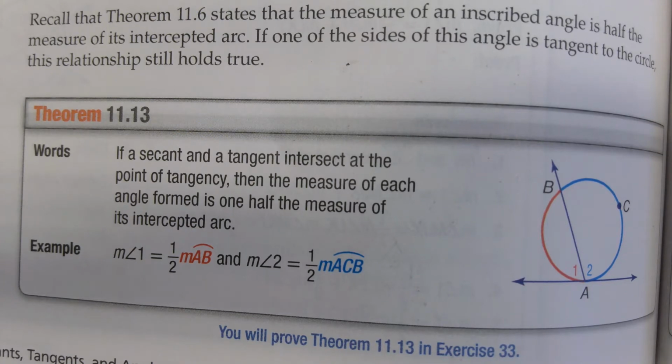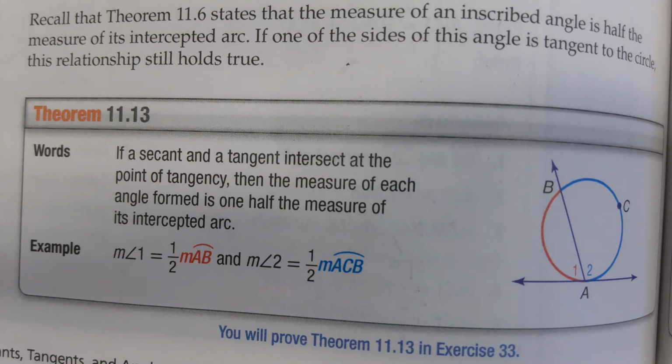Alright, now this theorem says that if a secant line and a tangent line, the tangent line's on the bottom down here and the secant line runs through it, intersect at the point of tangency, I like to think of it like this. What kind of angles are these?